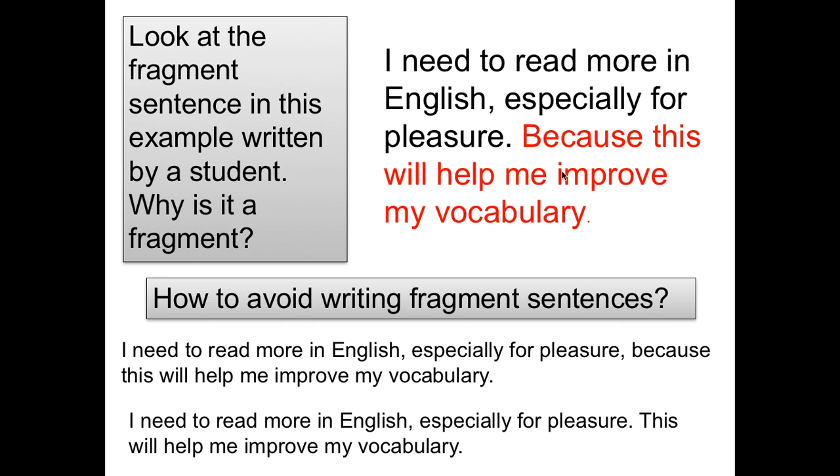Now this part, okay, it's known as a fragment sentence, but does it have a subject and a verb? Well, yes. This is the subject, that is, reading more, and will help is the verb.